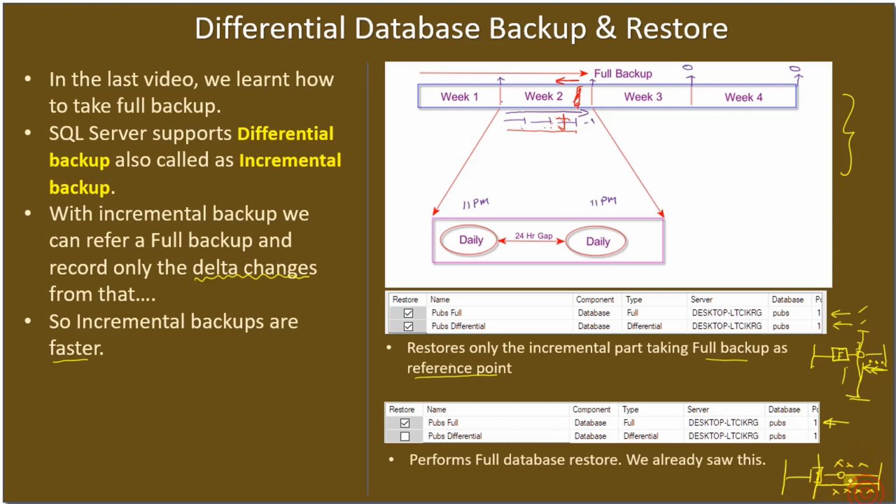Transactions done in this period will be cancelled, and here if you see, you still get the transactions which were done after the full backup, and till the incremental backup you will get the restores, right? So when you tick both, it restores only the incremental part, taking the full backup as the reference point. But if you tick only the full, it performs a full database restore, which we saw in the previous example.